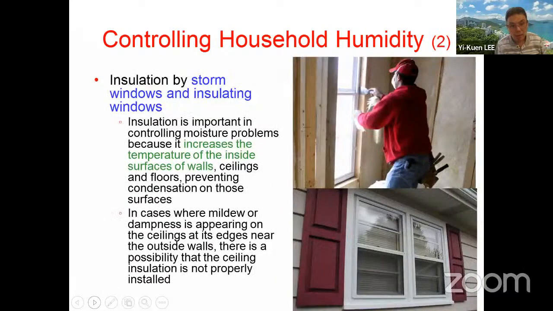Of course there are different ways to reduce humidity in a building. One is insulation, such as insulated windows. In this case, you increase the temperature of the wall surface so that you can minimize condensation.